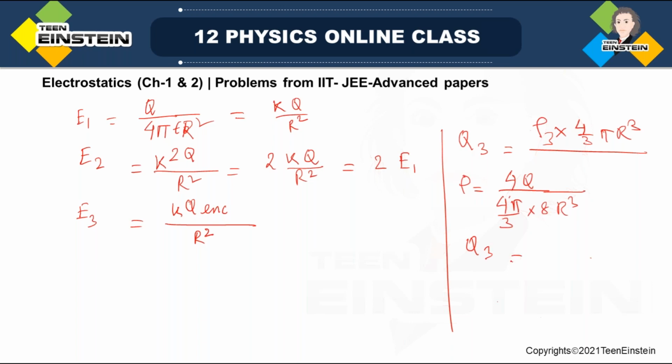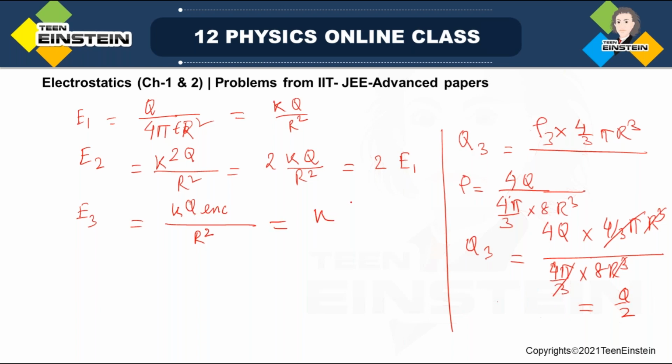So q3 will be 4q into 4 by 3 pi r cube, divided by 4 pi by 3 into 8 r cube. This gets cancelled, so here it will be actually q by 2. So if I write q by 2 in place of the charge enclosed, then it is actually kq by 2 r square.